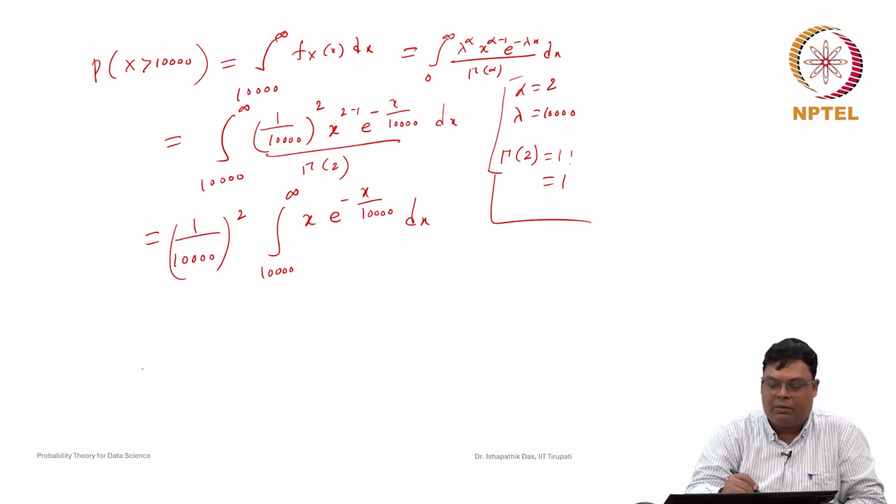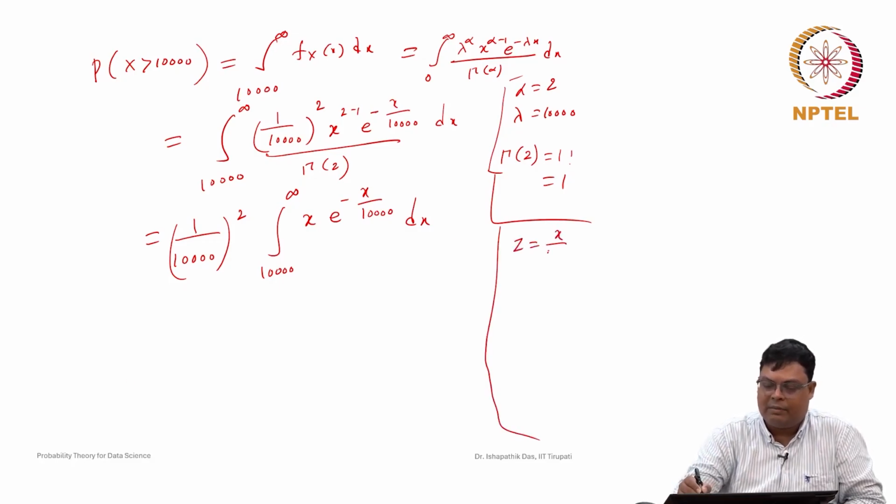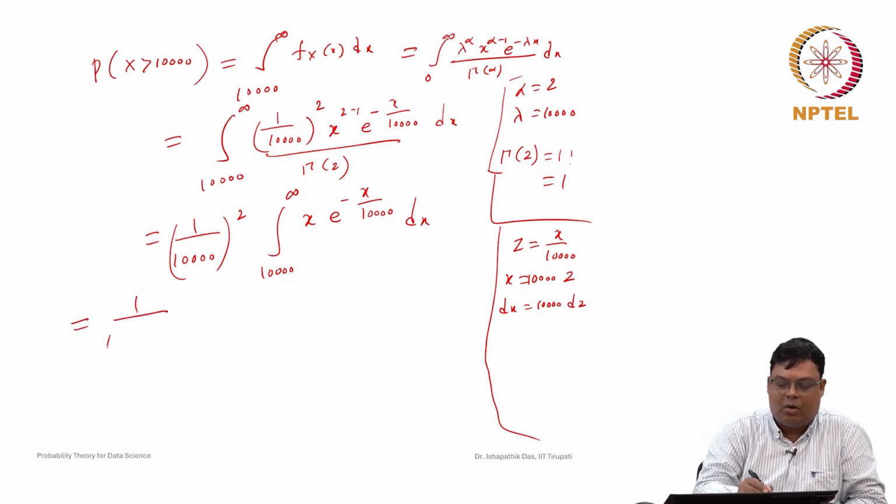So, suppose if we can have some simplification, let us do that. Suppose let us put z is equal to x by 10,000. So, then x is equal to 10,000 into z. So, dx is equal to 10,000 dz. So, whenever x limit is 10,000, z is 1. So, this is nothing but 1 by 10,000 whole square.